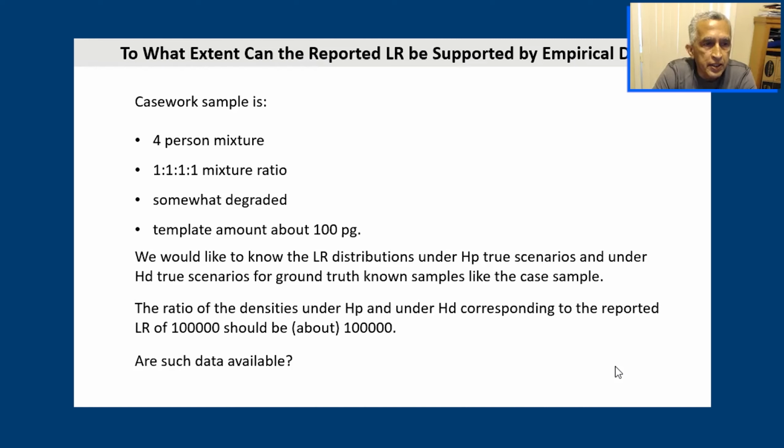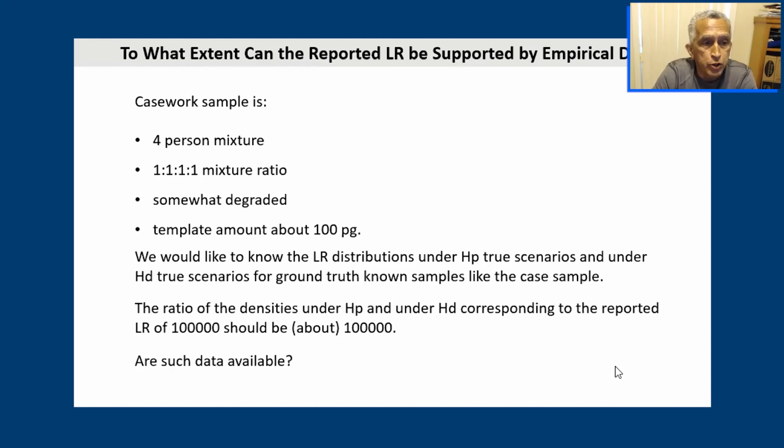And what we need are the distributions of the likelihood ratios under HP true scenarios and under HD true scenarios for ground truth known samples like the case sample. So how does the method behave in cases like this, not some overall general performance?